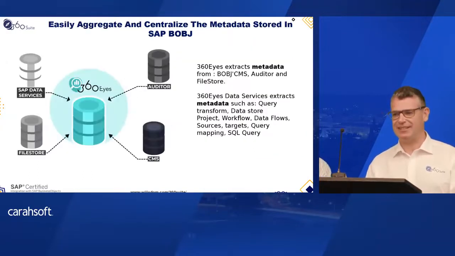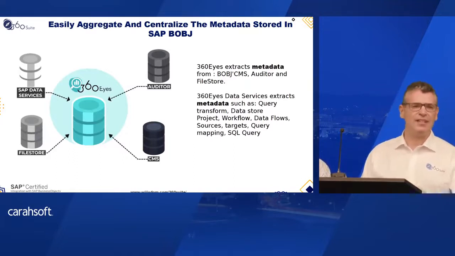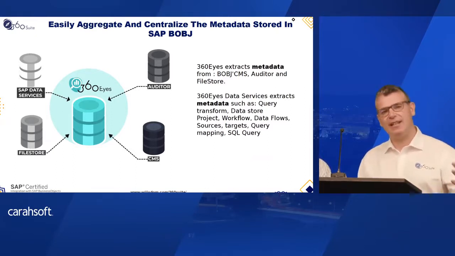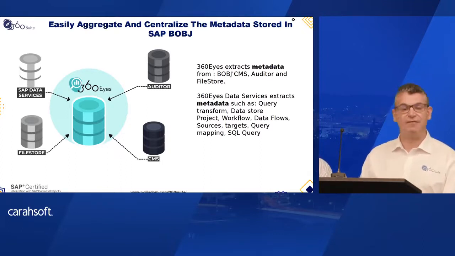In terms of metadata, I was saying earlier, with 360, the cool thing today, when you're in BobJ, realistically, you're going to have access to metadata from the auditor, of course, and then from the CMS. The cool thing with 360 is also you're going to extract information from the file store, FRS in, FRS out.